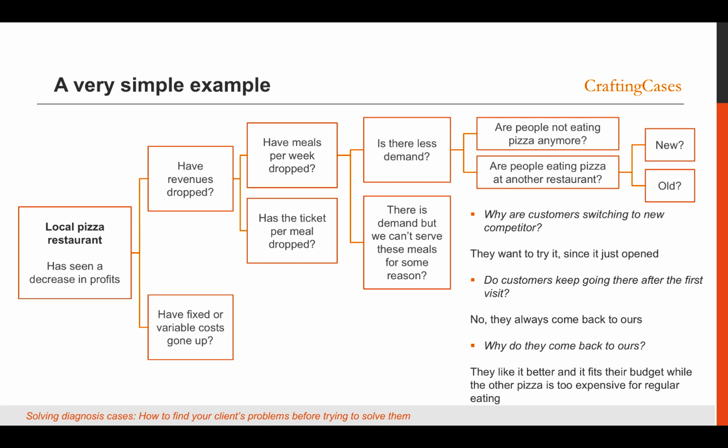But I'd still recommend this pizza restaurant to watch their competitors' next moves closely, because if the competitor decides to drop their prices or improve pizza quality, that might put our client, our pizza restaurant, at risk.